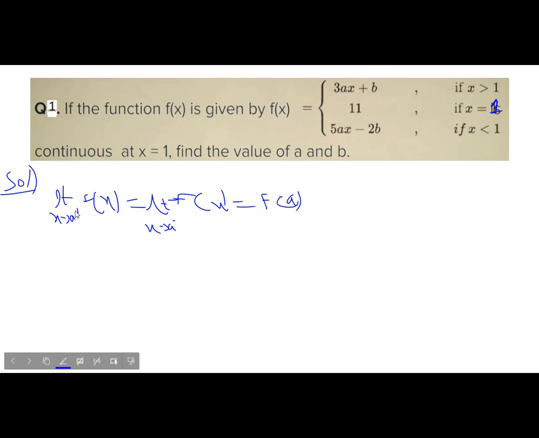The given equations: at x tends to a plus, we have considered the positive interval first, then minus. So x is greater than 1.